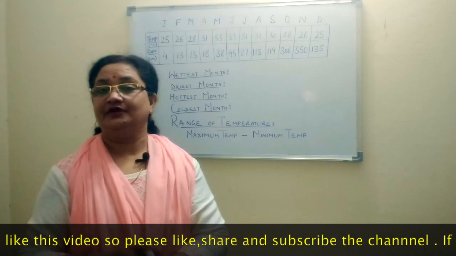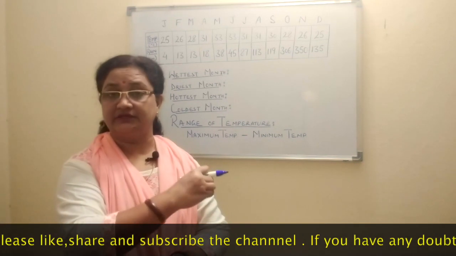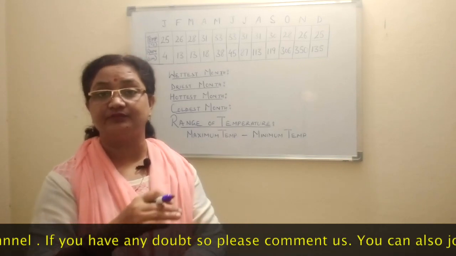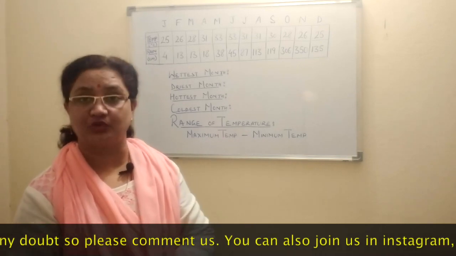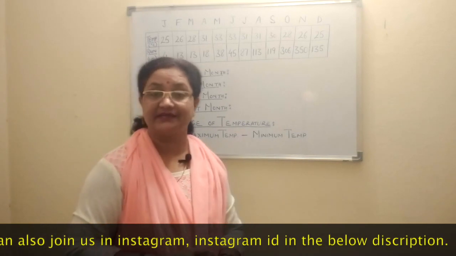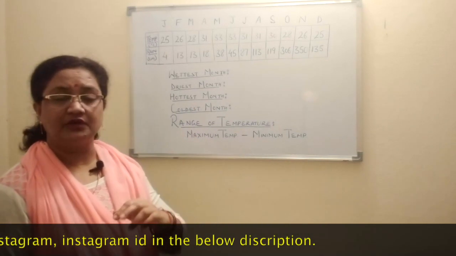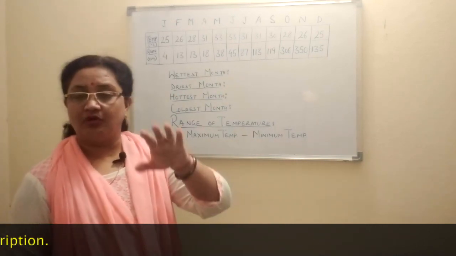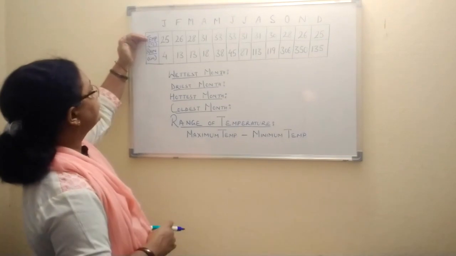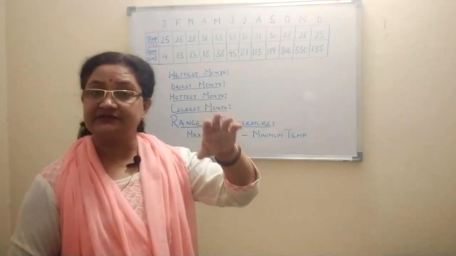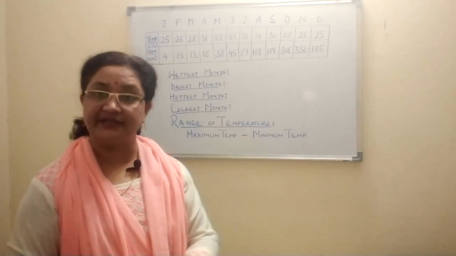Okay, children? Now, in the climatic data, it may be given of one place or it may be more than one, right? So what type of questions you will get on this? First of all, what is the data you are getting here? Always the temperature and rainfall is mentioned, what is received at that particular place.